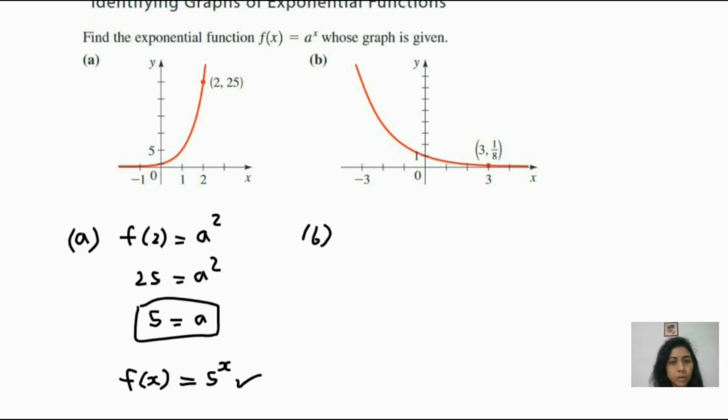Now question b. Here f(x) = a^x, and the given x value is 3.